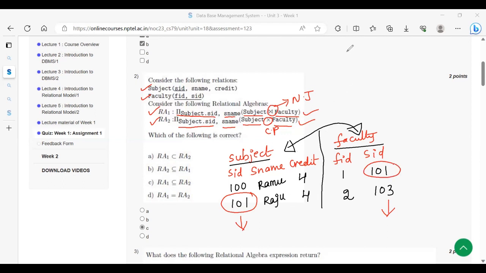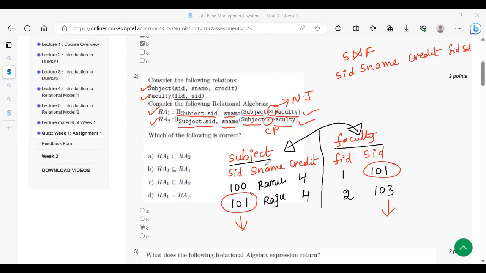So remember, S natural join F gives the SID, SName, credit, FID, and the SID.